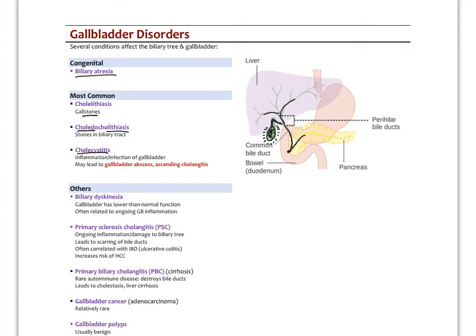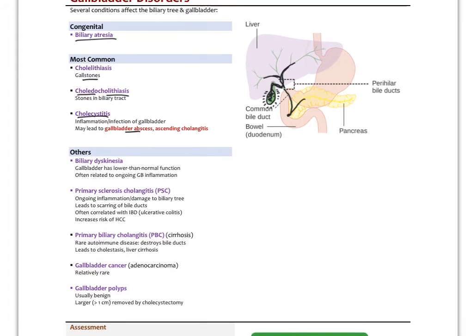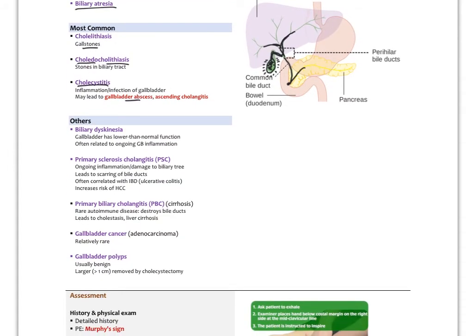And so that's inflammation/infection of the gallbladder. And that can lead to a gallbladder abscess. That can lead to ascending cholangitis, where the infection spreads upward towards the liver. And that can also result in rupture of the biliary system or the gallbladder, peritonitis, and we'll go into all those complications.